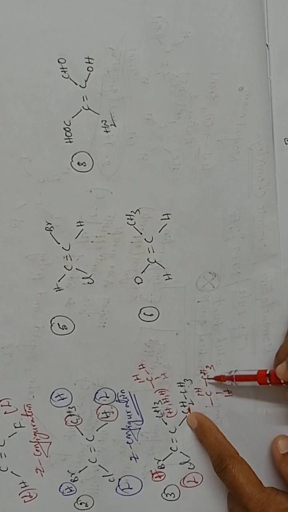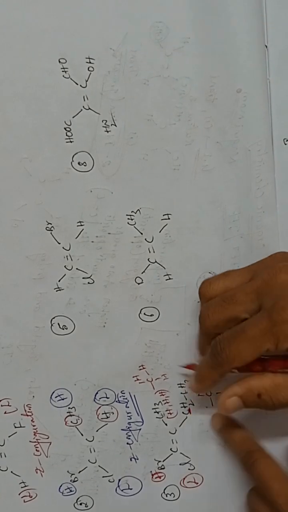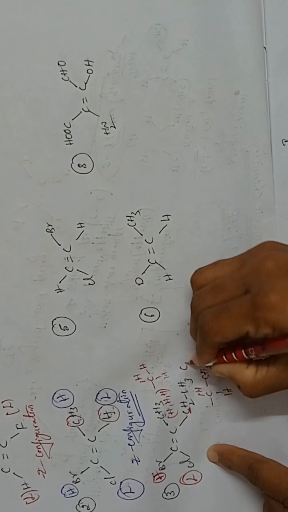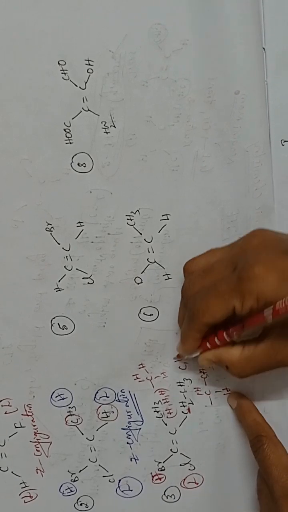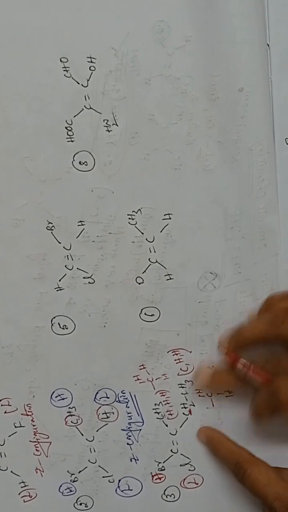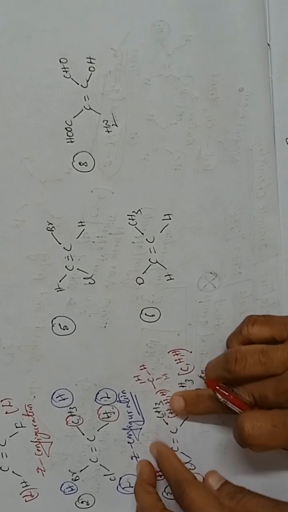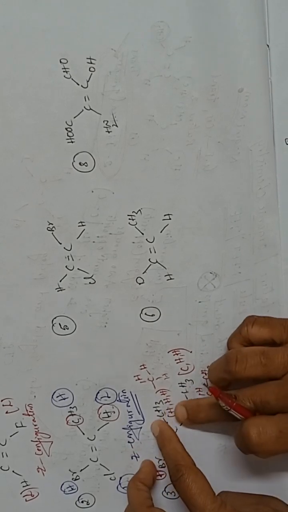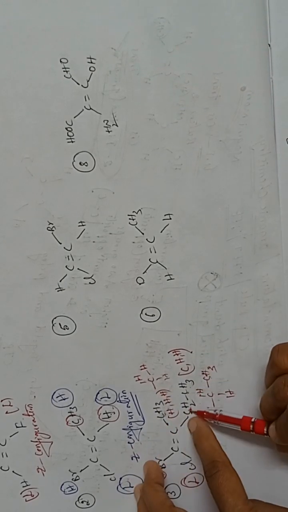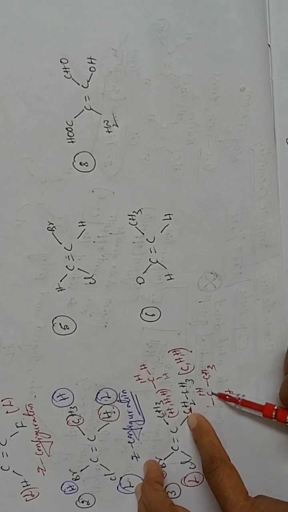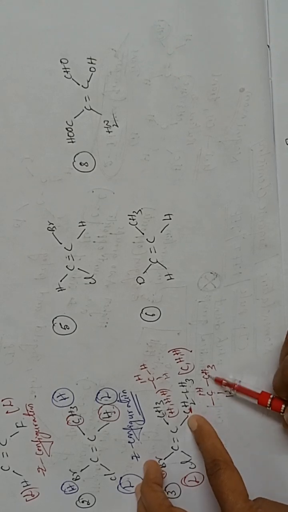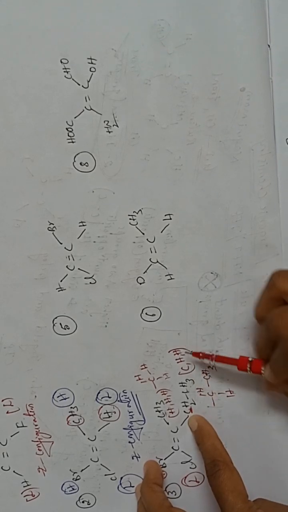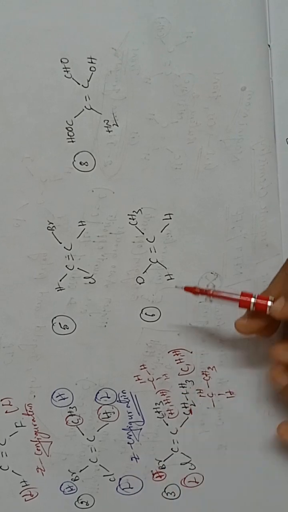Carbon, hydrogen, hydrogen. Here the atom with more atomic number, carbon, first you write: carbon, hydrogen, hydrogen. What are the three atoms attached to this carbon? That you should write: 3 hydrogens. Here to this carbon, 1 carbon and 2 hydrogens are attached. Now these three atoms you have to compare.